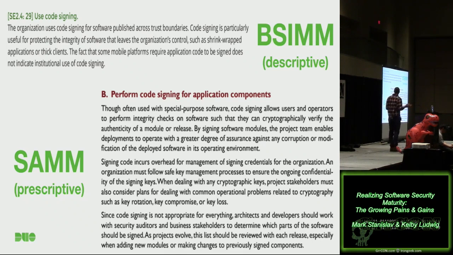It rounds out some of the subtleties of each one and generalizes it across all the 100-plus organizations. So it's not so much how-to, whereas SAMM is a bit closer to how you might want to implement it, looking at the ideal state of when you should code sign, what you should code sign, how you should do it, etc.